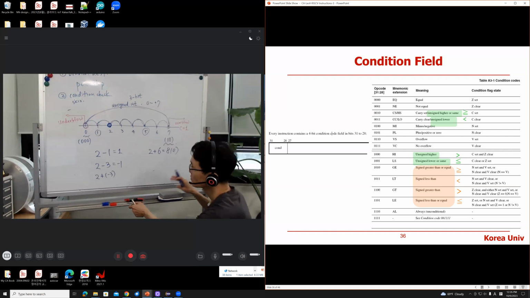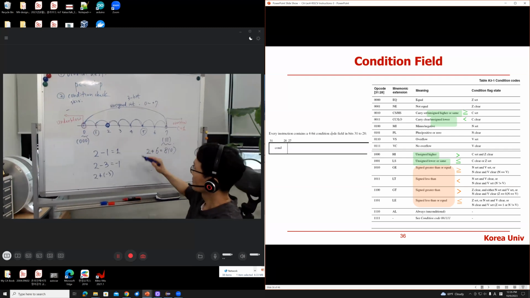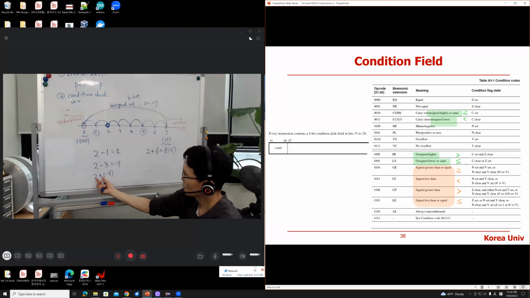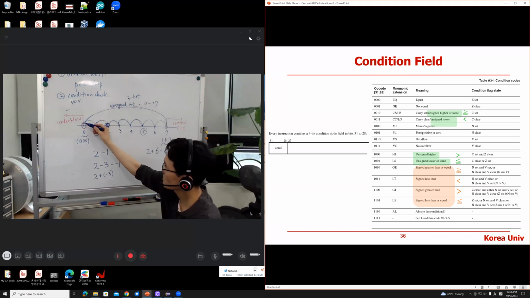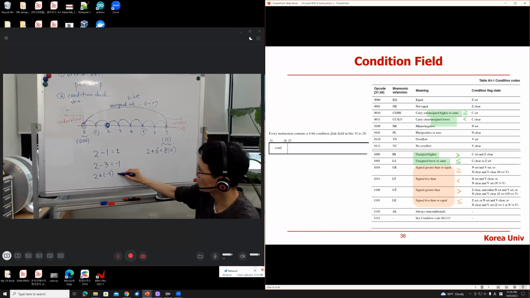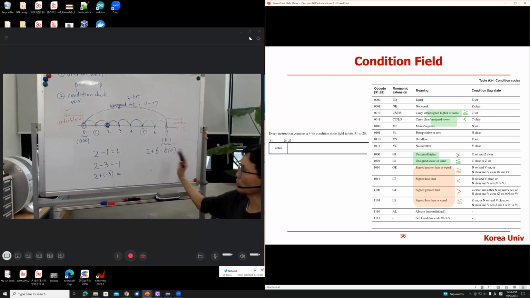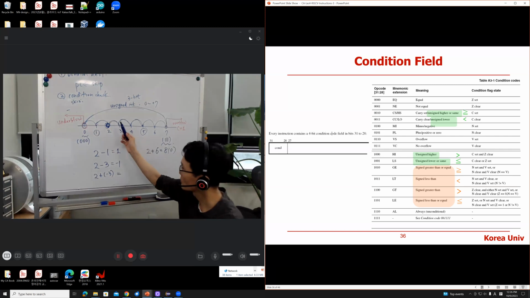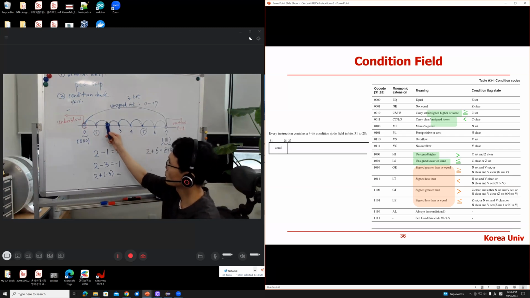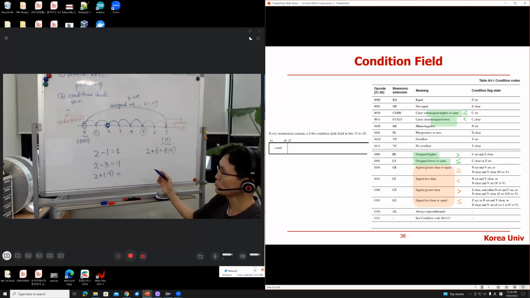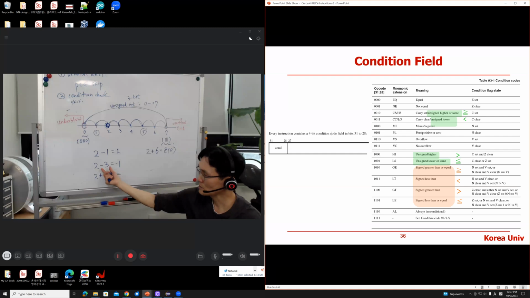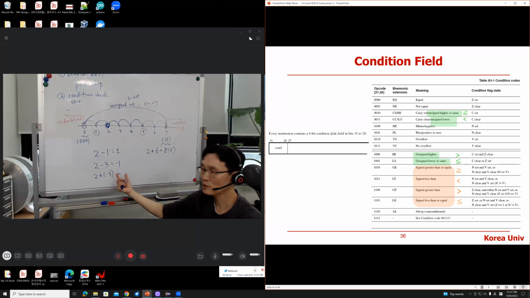How about underflow? With this example, 2 minus 3, starting from 2, you are moving 3 steps backward. But in a computer, you have to think about computer arithmetic, not human arithmetic. Humans move 3 steps backward, but the computer does subtraction with addition, using the 2's complement number system.